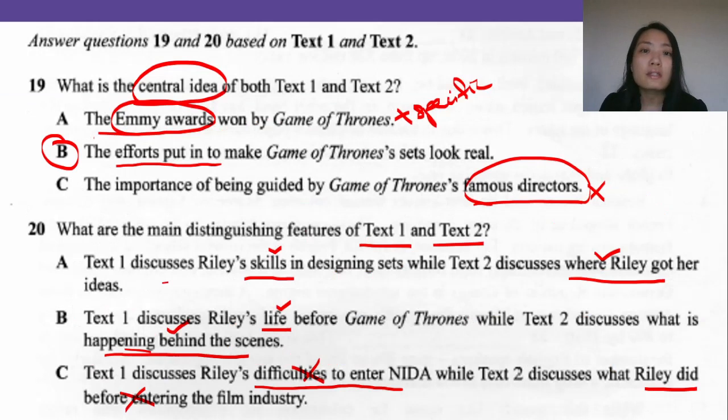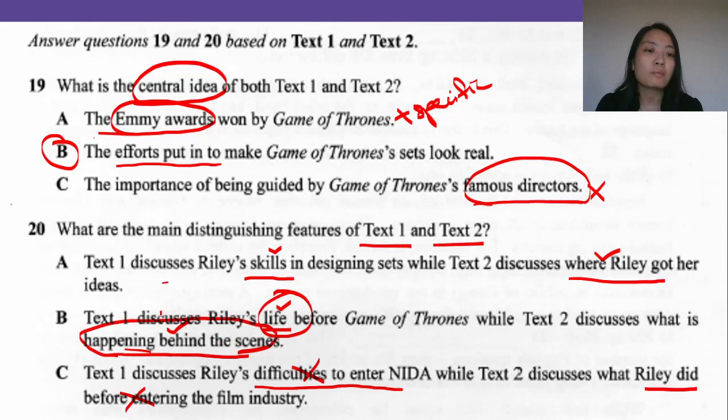So what does the idea sound like to you here? Is it about where she got her ideas from mainly, or is it what's happening behind the scenes? That means when she was working on this, what was it? So earlier we mentioned that in text 1 it is more about life. Alright, so does it discuss more about what's happening behind the scenes? Probably, maybe.